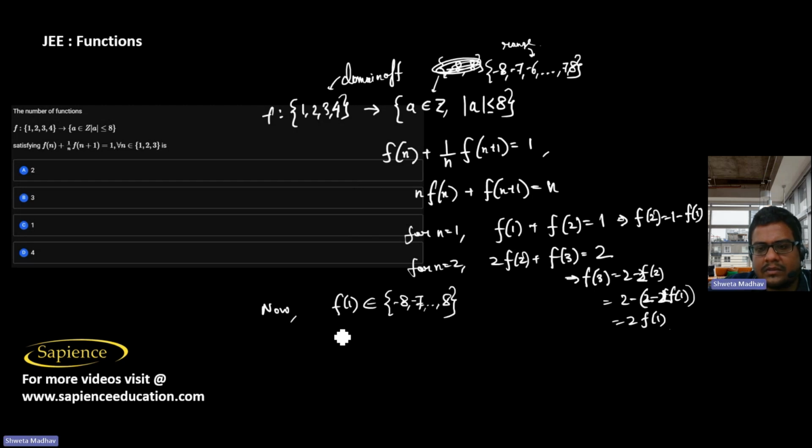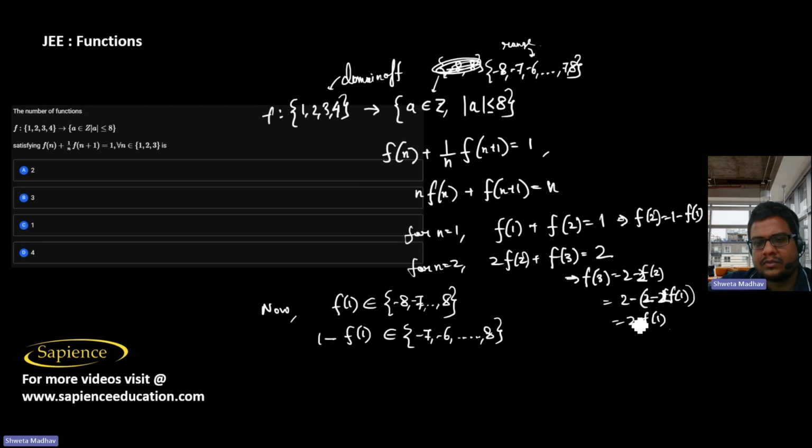Okay. So therefore 1 minus f of 1 will go from -7, -6 to, it can't go till 9, so it will go till 8.